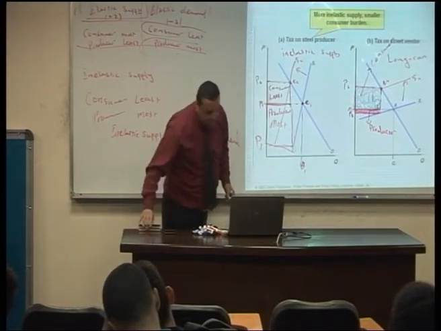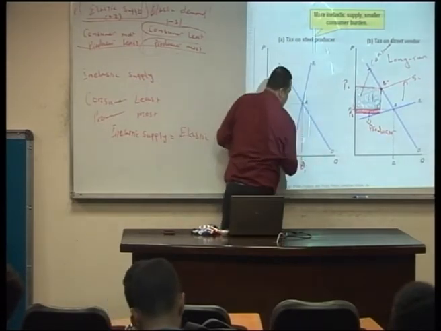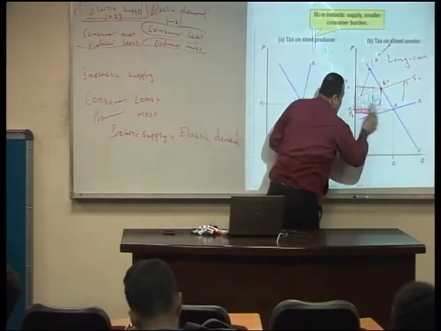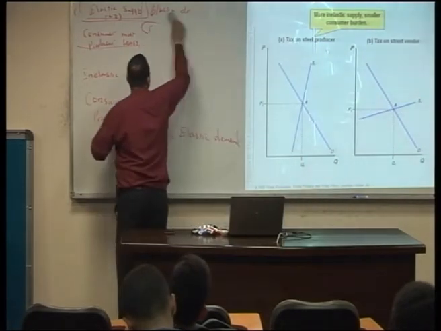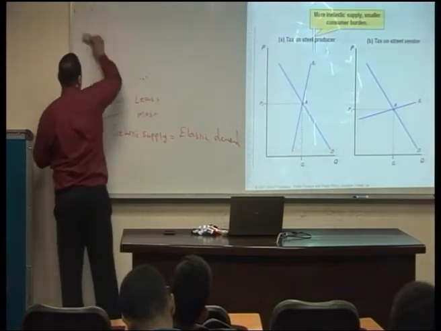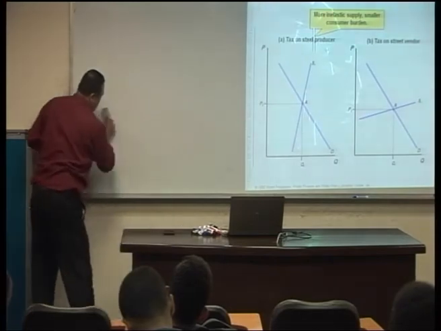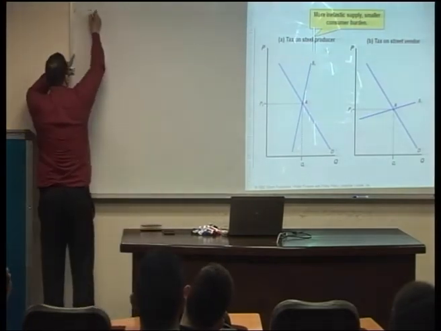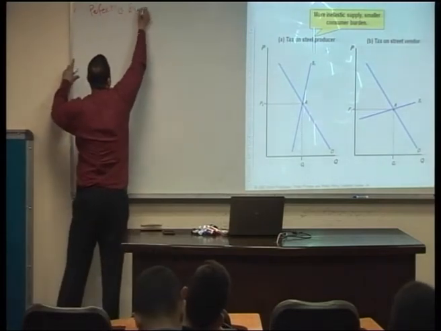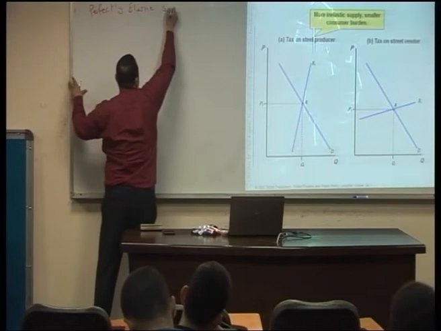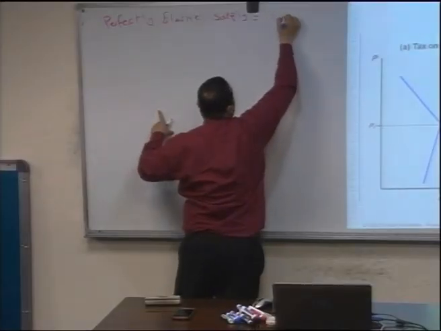Let's go to the third case when supply is perfectly elastic. Perfectly elastic supply equals perfectly inelastic demand. In effect, perfectly elastic supply has a very long run.